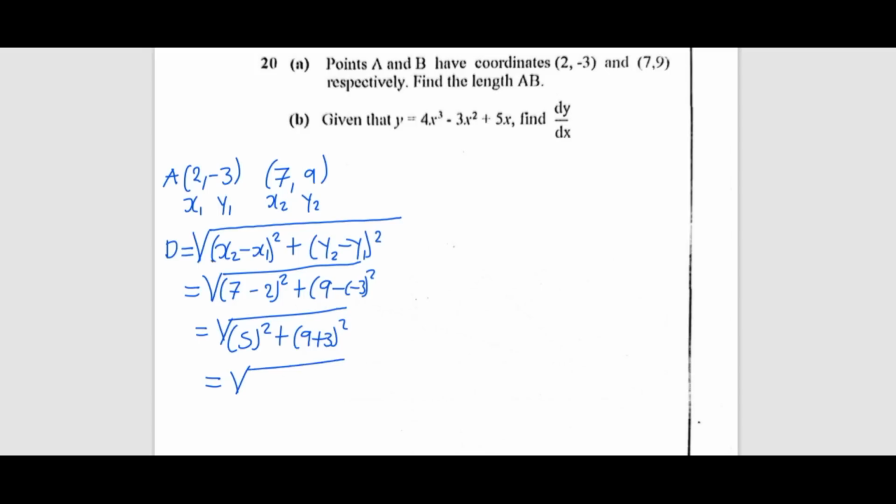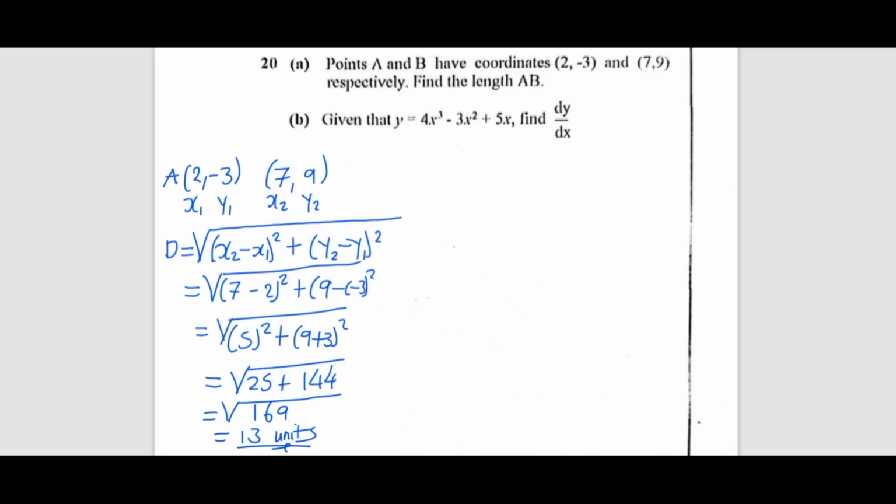So 5 squared gives us 25, plus 9 plus 3 is 12. 12 squared is 144. Then if we add 25 plus 144, we get 169. The square root of 169 is 13. Since it's a distance, we just have to put units. We don't know whether these were centimeters or meters.